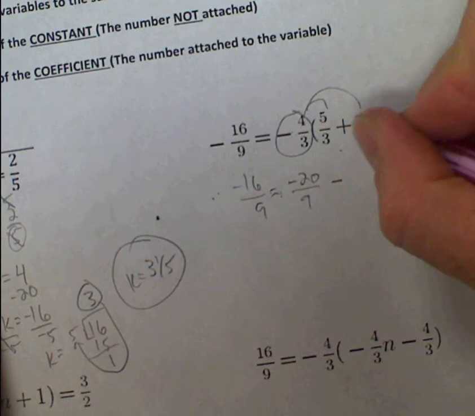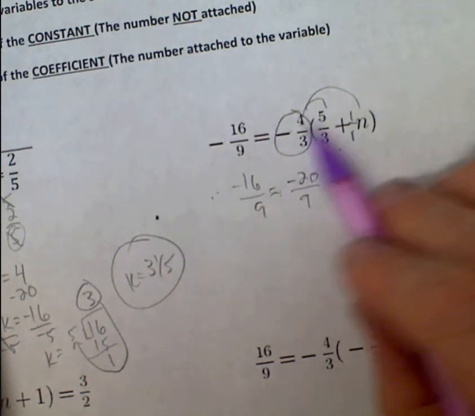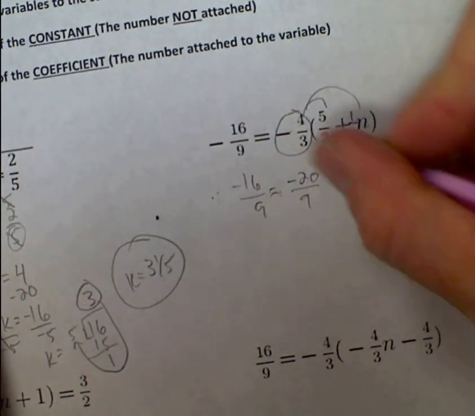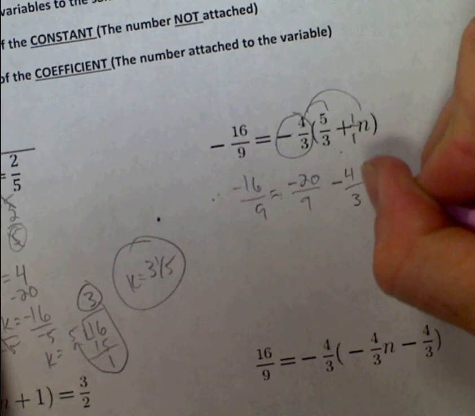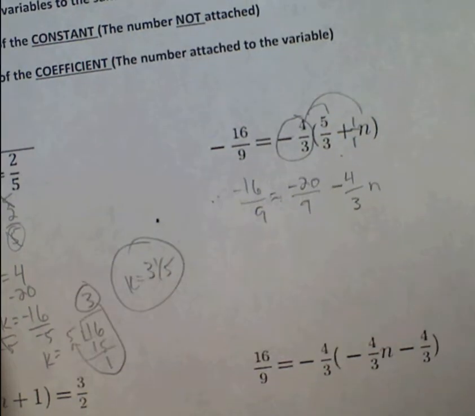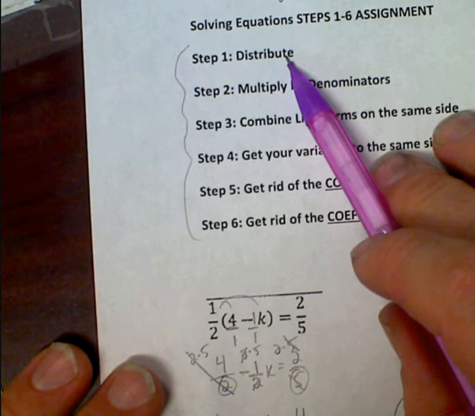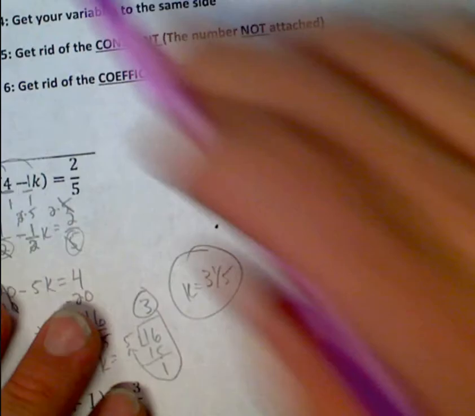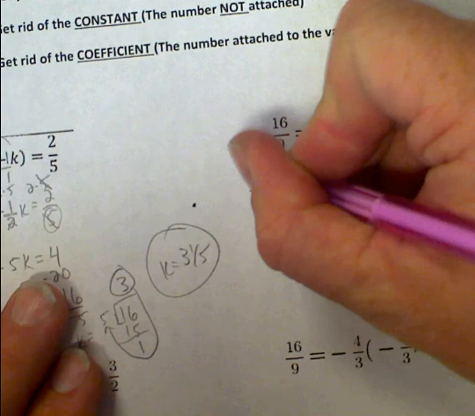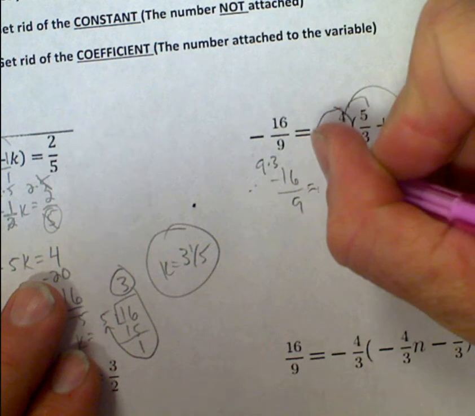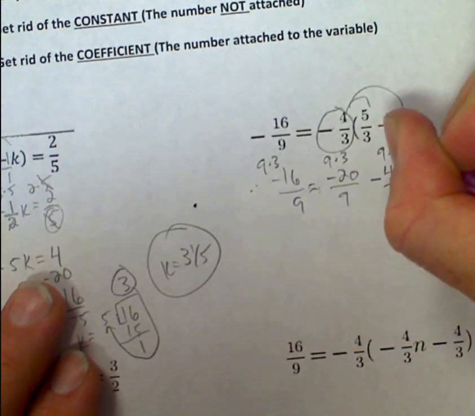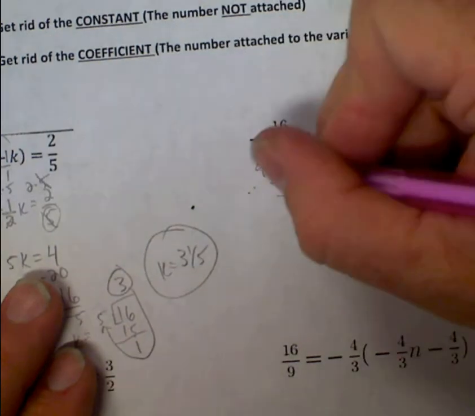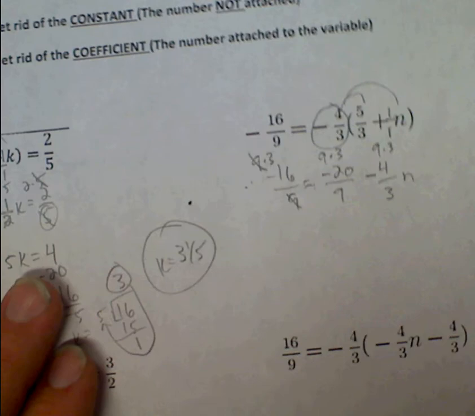Negative, because this is 1 over 1. 4 times 1 is 4. 3 times 1 is 3. Now I can go ahead and do step 2. So distribute, multiply by denominators. So now I can multiply by 9 and 3. The 9 crosses out.